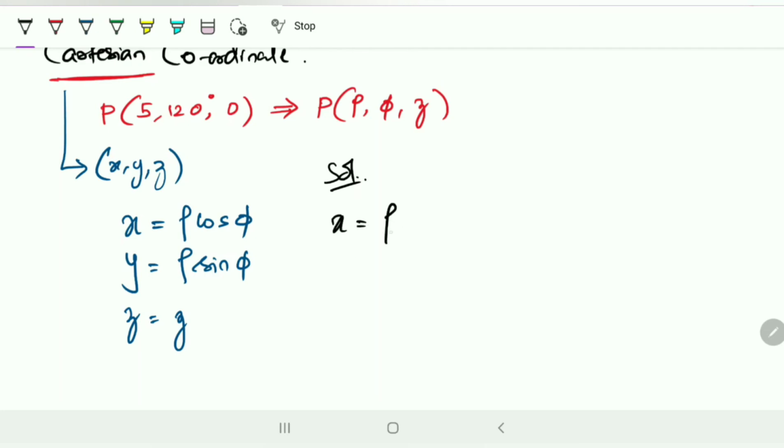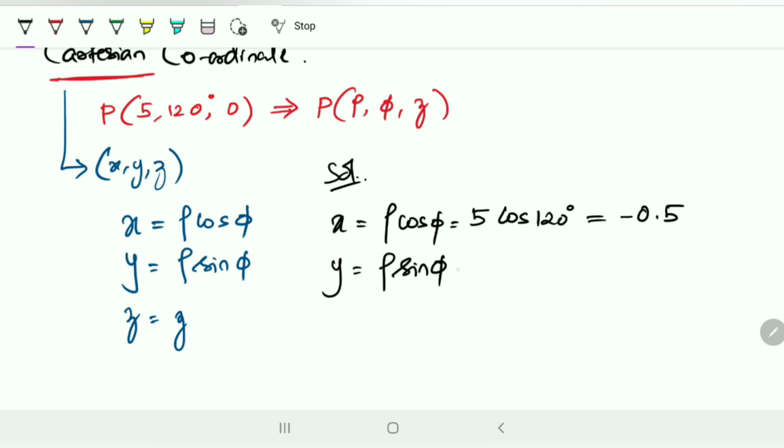X is equal to rho cos phi, where rho is given as 5, so 5 cos 120 degree. This will give you minus 0.5 value, and now y is rho sin phi. The rho is 5 and sin 120 degree. If you find this, you will get an answer of 0.87. And the last one is z, which represents the same value of z in the coordinate systems. So z is also 0.